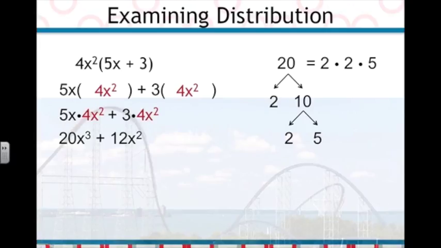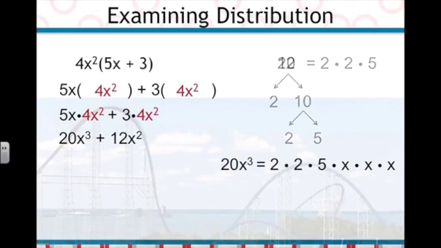If I look at the whole term, 20x cubed, I can expand the x cubed into x times x times x to write it as 2 times 2 times 5 times x times x times x. For the second term, 12x squared, I can factor 12 into 2 times 6.